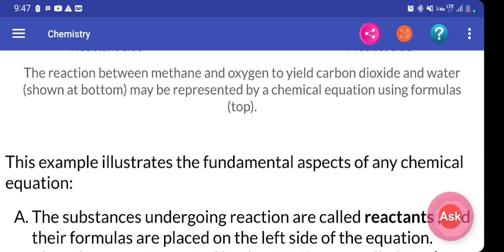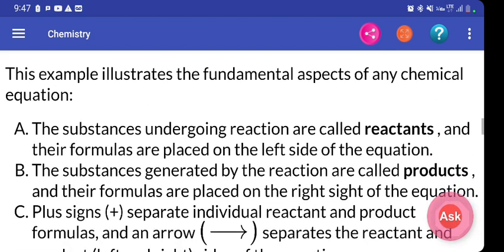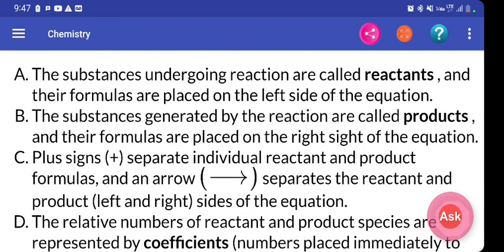This example illustrates the fundamental aspects of any chemical equation. A. The substances undergoing reaction are called reactants, and their formulas are placed on the left side of the equation.